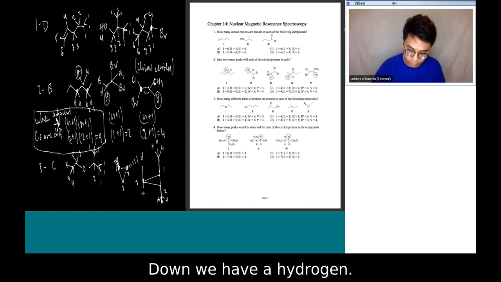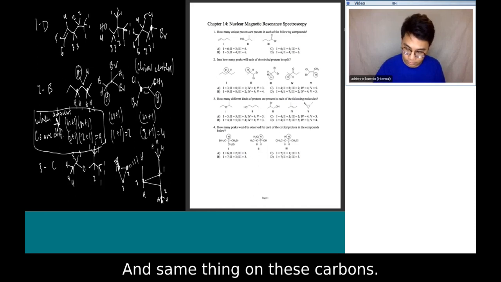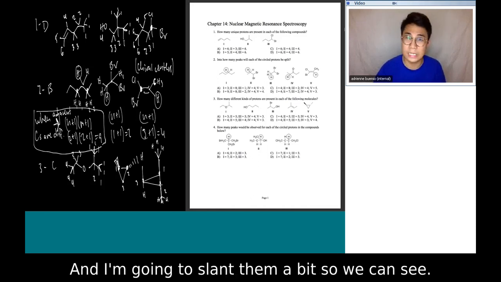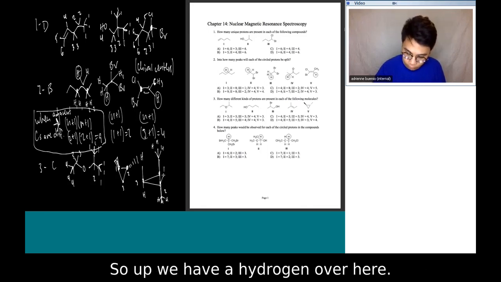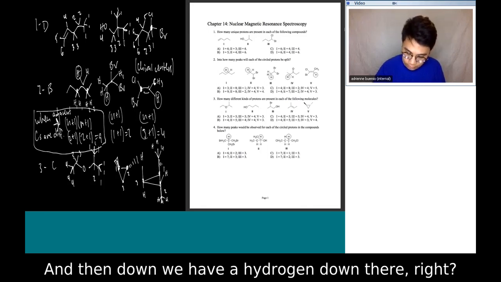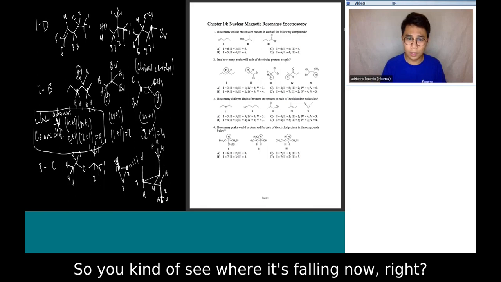Down, we have a hydrogen. And same thing on these carbons. And I'm going to slant them a bit so we can see. So up, we have a hydrogen over here. And then down, we have a hydrogen down there, right? So you kind of see where it's falling now, right?